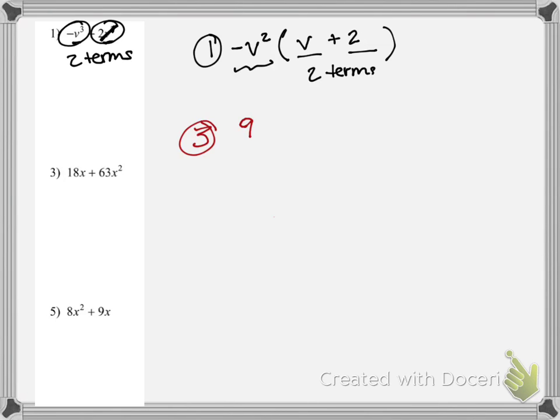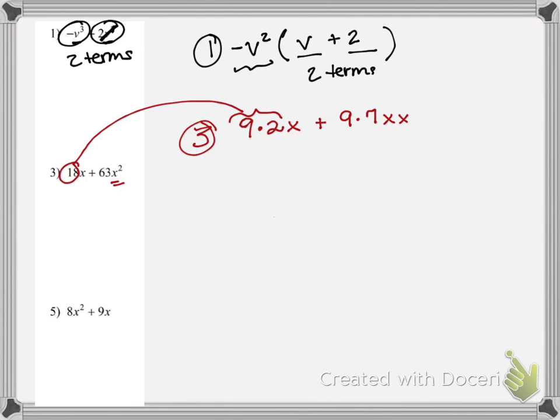I know that 18 is 9 times 2. So all I did was I changed 18 into 9 times 2. And I know that 63 is 9 times 7. And since I've got an x squared right there, I'm going to just write it as x times x.